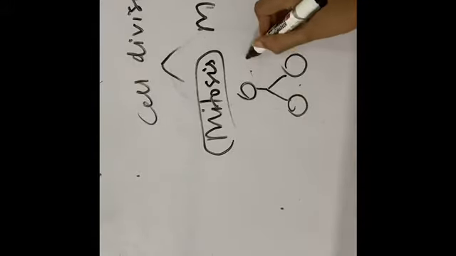The one which divides is the parent cell, and the two new cells which are formed are the daughter cells. If we talk about humans, we have 46 chromosomes. So if a parent has 46 chromosomes, then the two cells it splits into will also contain 46 and 46 chromosomes, right?